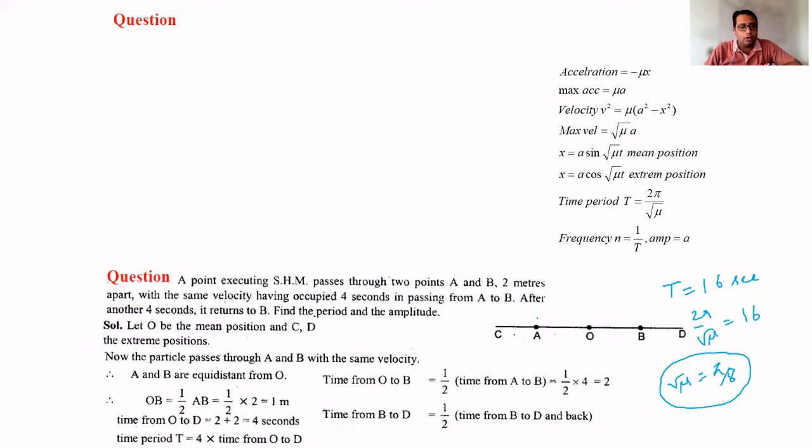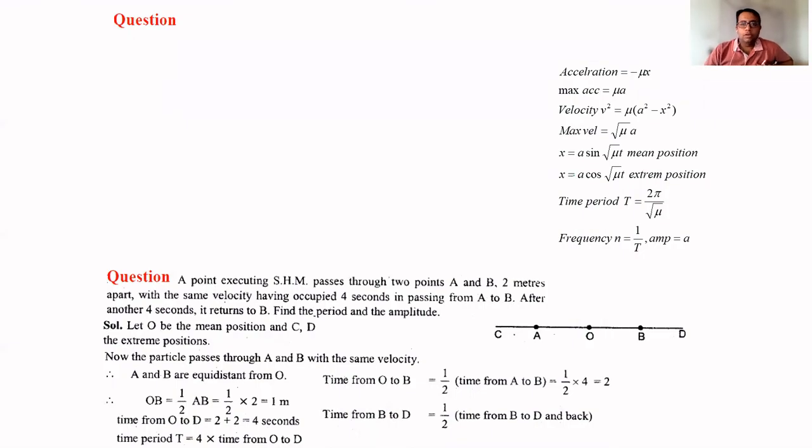And for the amplitude, we can use the expression x equals a cos root mu t, or you can also use this expression, because if you want to consider the motion from O, then you can consider this expression.